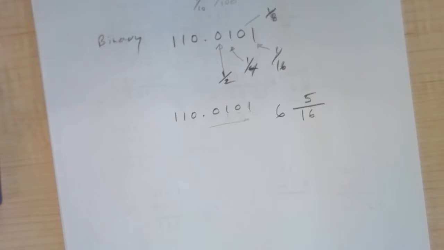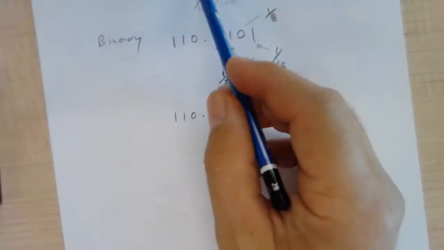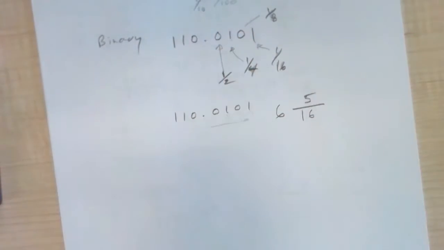Yes? How can we exchange the 0.013 into hex? Or into binary? Yeah. There's certain numbers that go really well with binary and hex together.